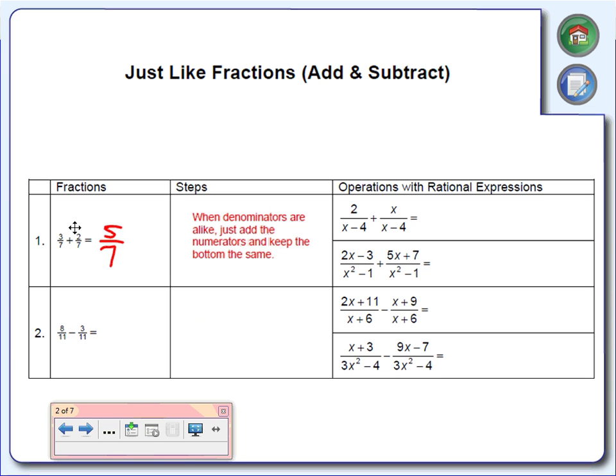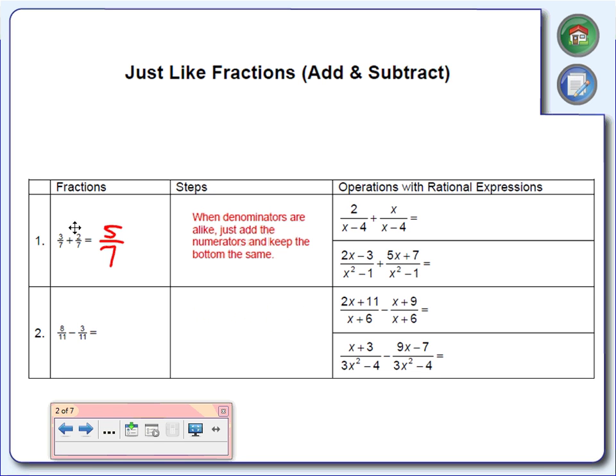Well, we're going to do the same thing with our rational expressions. These rational expressions that we're working with are the equivalent or the same thing as our fractions. So we've got to make sure we have a common denominator first, just like with fractions. So if you look closely at these two examples that they gave us over here, you'll notice that they have common denominators. So all we have to do is add up the numerators.